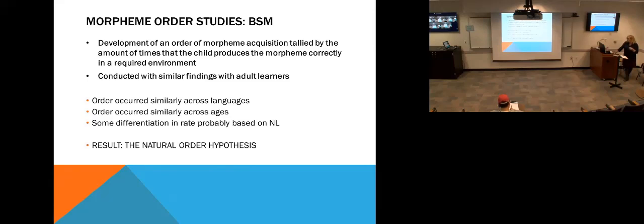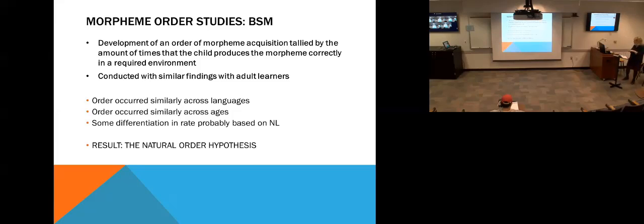So what does that suggest? Unitary. It's unitary, universal, right? That it doesn't matter whether, at least while you're a kid, it doesn't matter if you're already speaking Spanish or already speaking Chinese, right? This is the way you're going to learn the morphemes, okay?